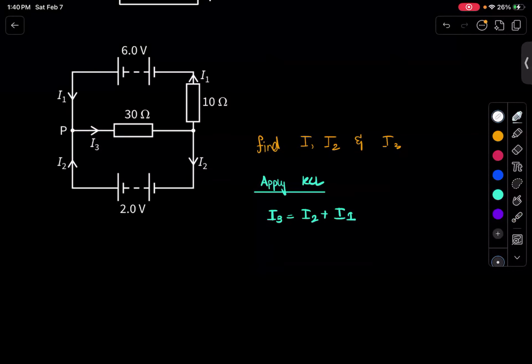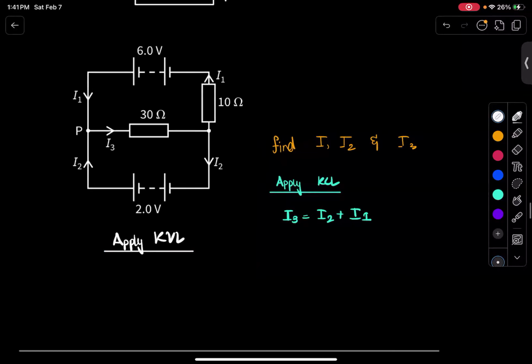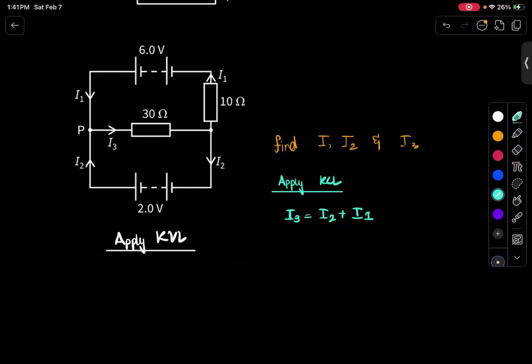Now, I've made an equation for I3. How can I apply KVL? Keep in mind that you can use KVL however you want. That means you can use any loop, and then if you add it up in some way, you can conveniently say that you've done it right.